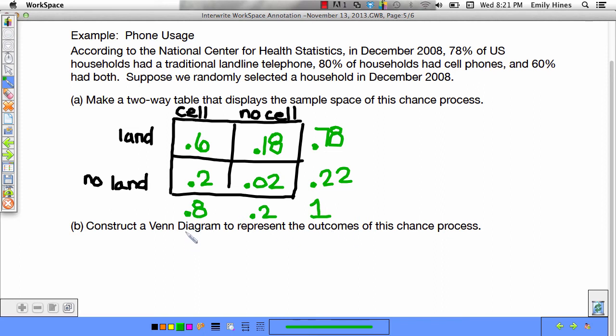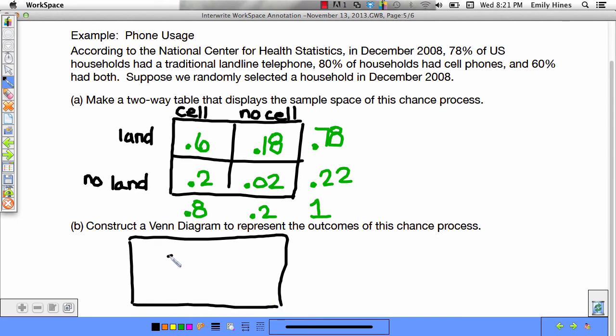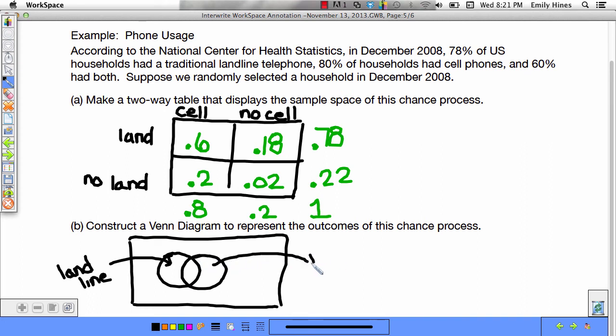Then it wants us to construct a Venn diagram. So I draw my square to represent everything in my sample space. I draw this circle to represent people who own a landline, and I draw this circle to represent people who own cell phones.